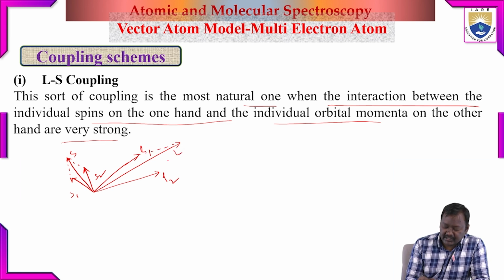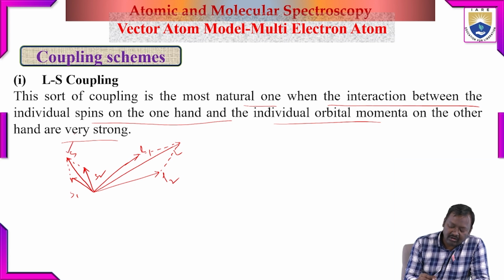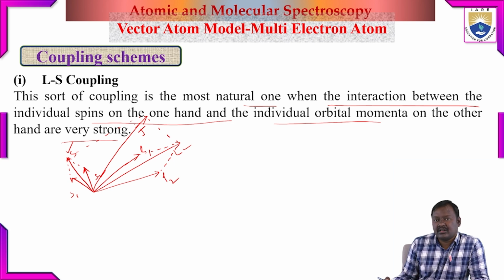So adding individual orbital angular momenta gives the total orbital angular momentum. And then the total angular momentum can be given by adding this total spin quantum number and total orbital quantum number, maybe like this. So adding S and L gives the total angular momentum quantum number J.